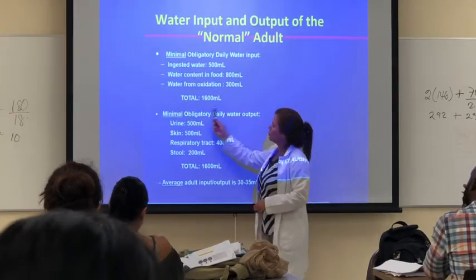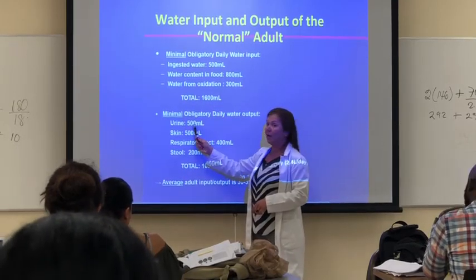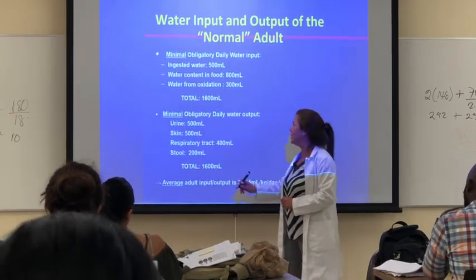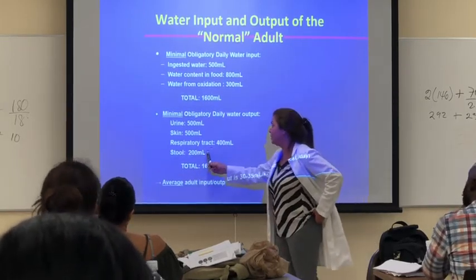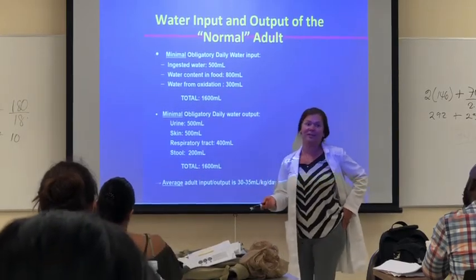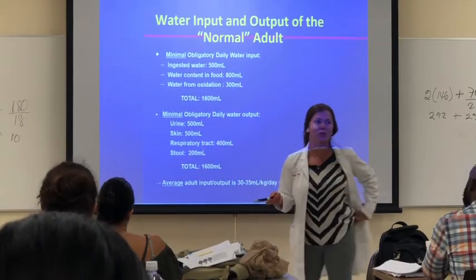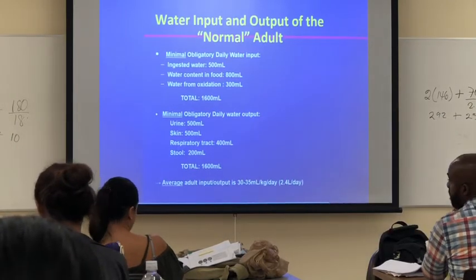But we also have obligatory losses: if we sweat 500, at least a minimum of 500 of urine, breathing, so insensible losses, and even stools. As you can see, we should always be in equal balance, right? Which is called autoregulation or homeostasis. But unfortunately, it doesn't happen that way.